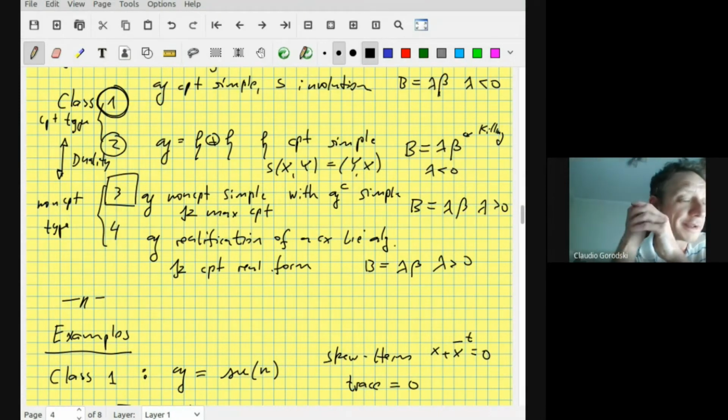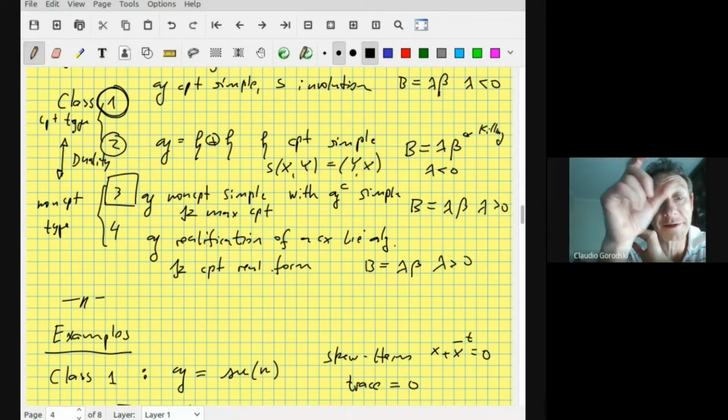You need to consider the irreducible components of the isotropy representation. And then on each component, it's unique up to scaling. It doesn't matter the signature of the metric.